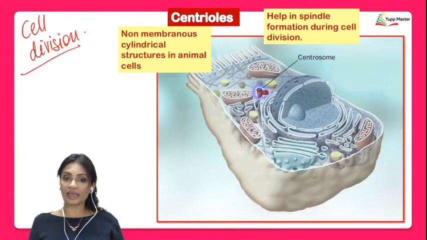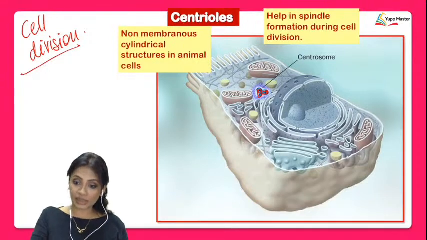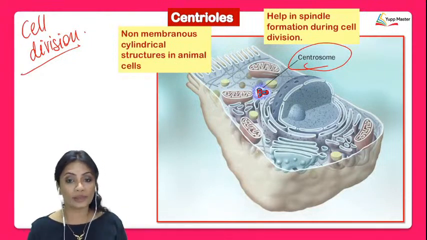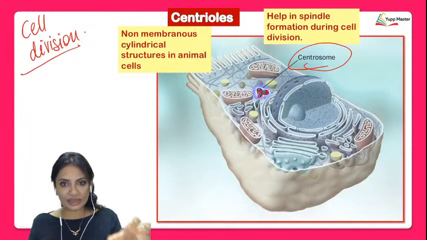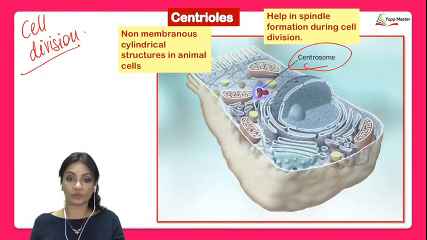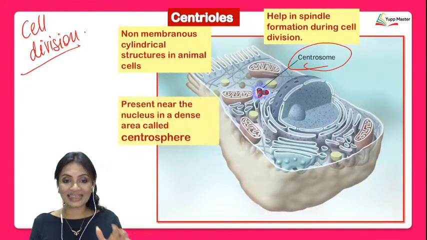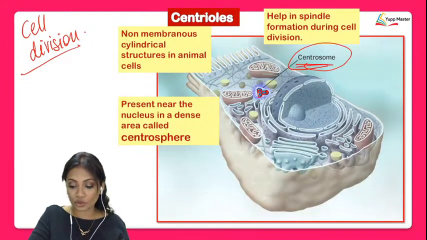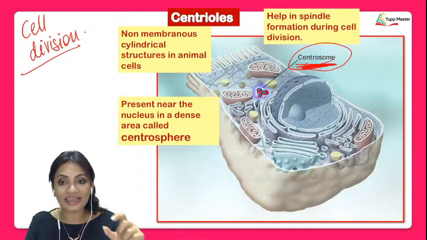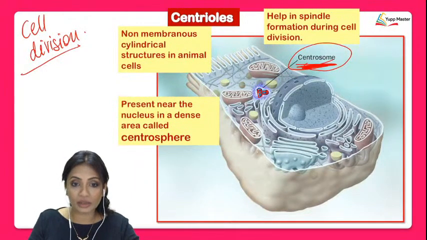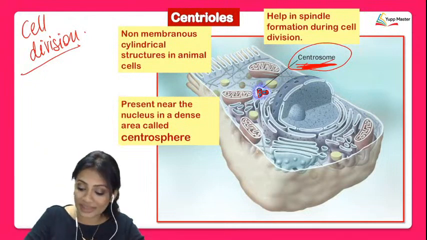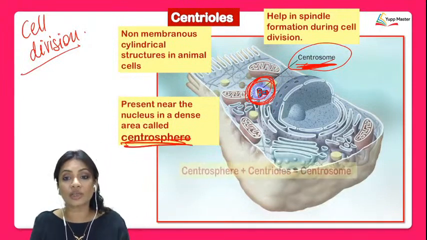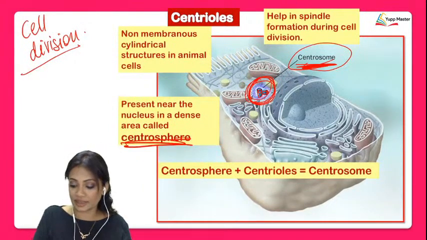Now, these cell organelles are called centrioles. But do you see this over here? This is called the centrosome. What is that centrosome? Well, the centrioles are located in the cytoplasm which is very near to the nucleus. The cytoplasm of that area is called the centrosphere, and the centriole along with this cytoplasm together are collectively called the centrosome.